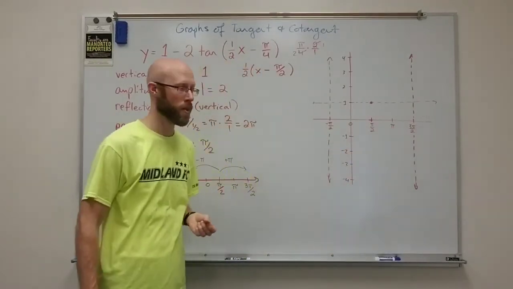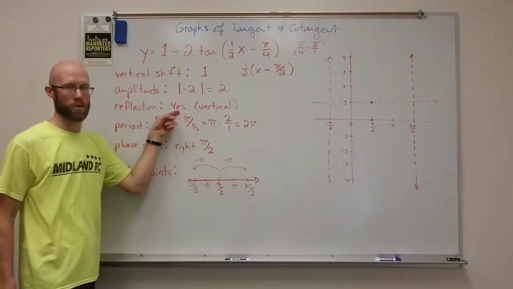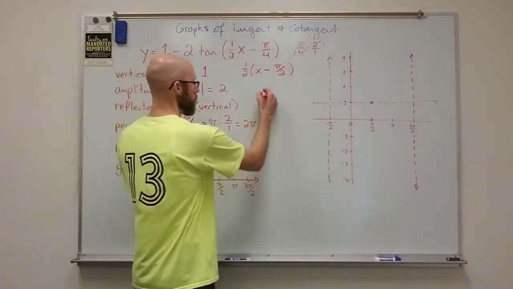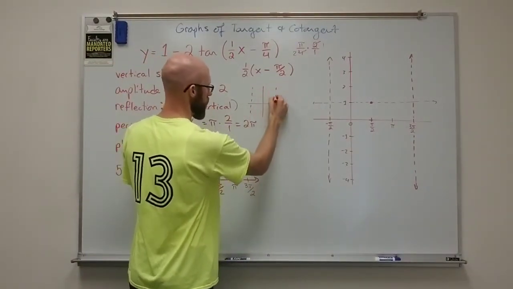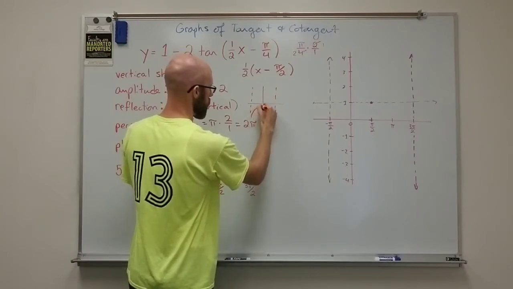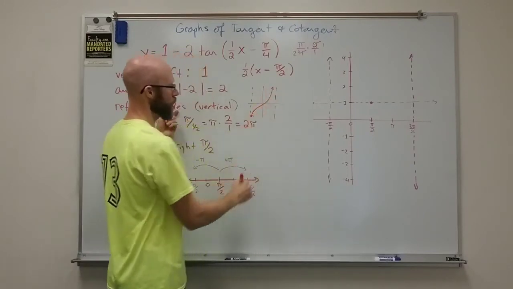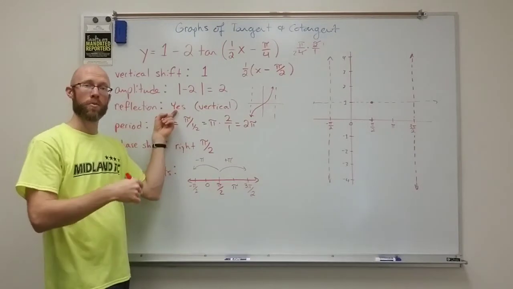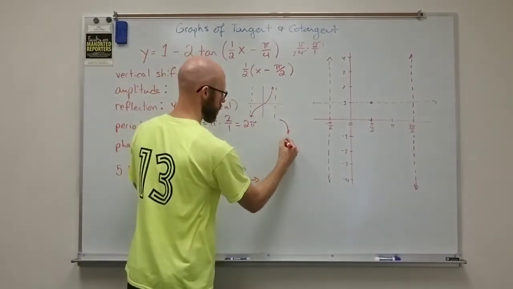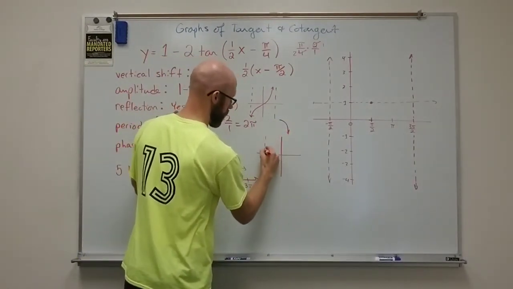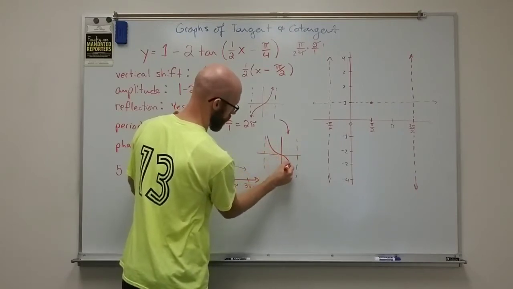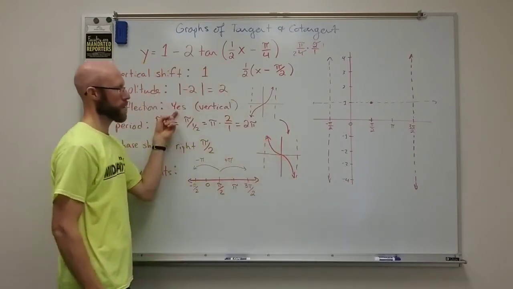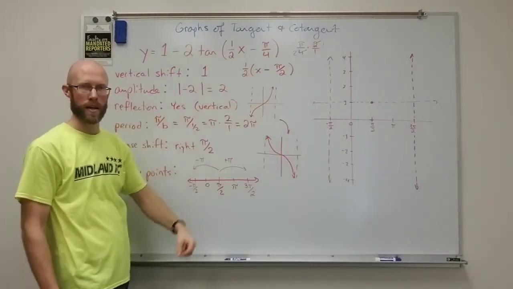Okay, so we go up 2 and down 2 at our midway points here. However, the problem with that is we also have this vertical reflection. Now remember, if our normal graph, just the regular tangent, goes up to the right like this, then the reflection is going to go down to the right, okay? If you flip that thing over the x-axis.